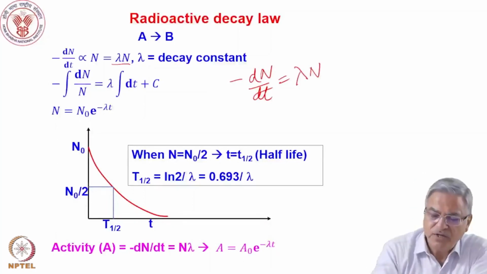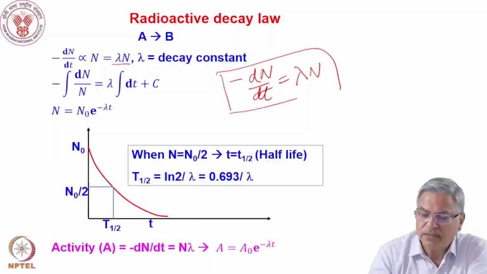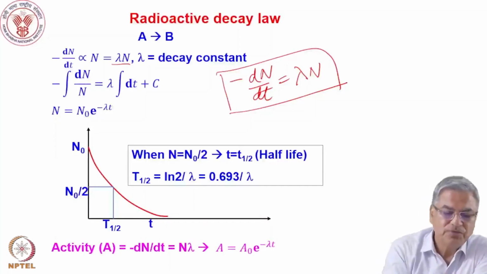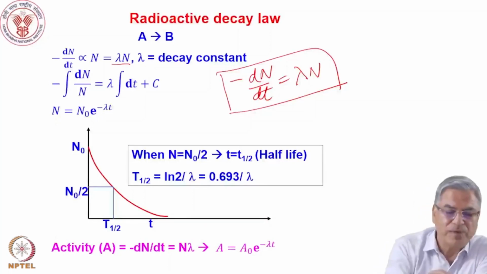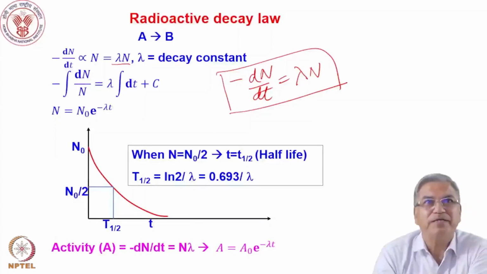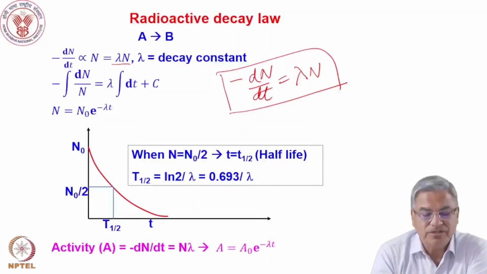So this is a first order rate equation, and to find the solution of this equation, you integrate it. Arranging the variables, minus dN by N equal to lambda integration dt plus an integration constant c.